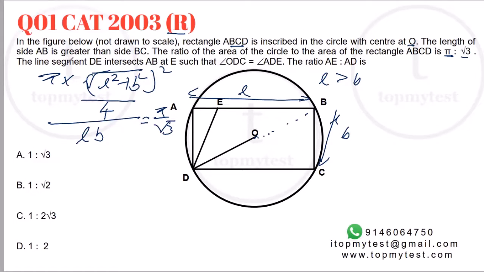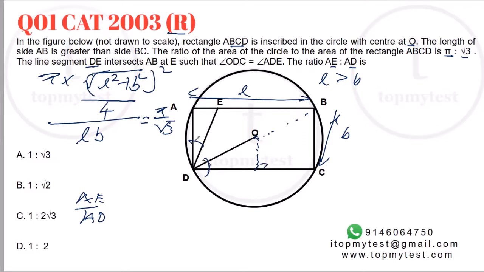Okay, the line segment DE intersects AB at E, such that angle ODC equals angle ADE. This angle and this angle are equal. Find the ratio of AE to AD. Now, if you drop a perpendicular here, right, these two triangles will be similar.